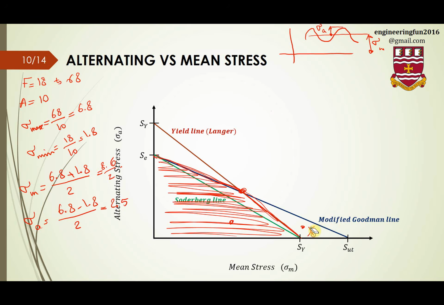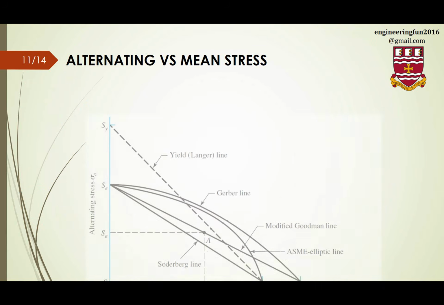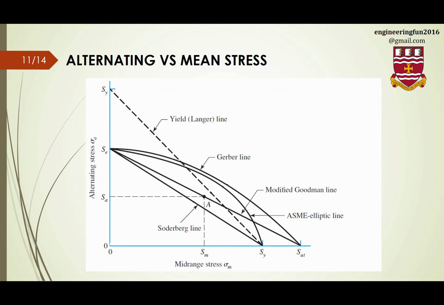So don't confuse with this title here. I should have put that one somewhere, maybe here. Anyways, these are the other criteria: Gerber line and ASME elliptic line. As it is shown in the name, ASME is an elliptic equation, and Gerber line is a second order equation, a parabolic equation.